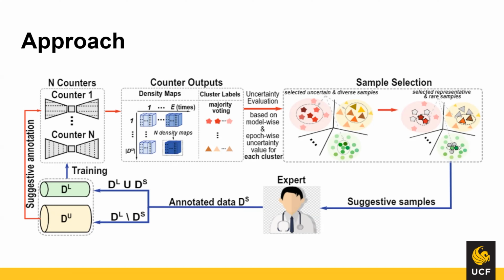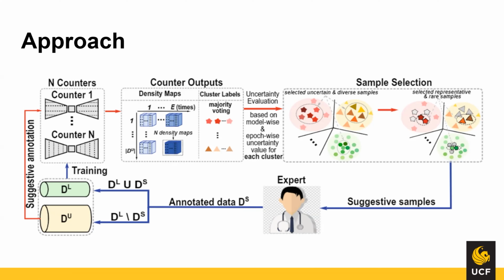They go with the model-wise and epoch-wise uncertainty to pick the most diverse samples, and then also pick the most representative and rare samples. And then these samples are sent to a human expert for annotation. And then these annotated samples are fed back into the counters for fine tuning. So once they get the set of samples back, they train or fine tune the counters again on the entire labeled and unlabeled data set.